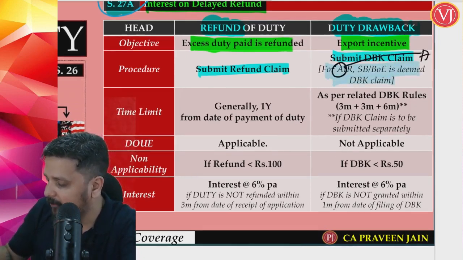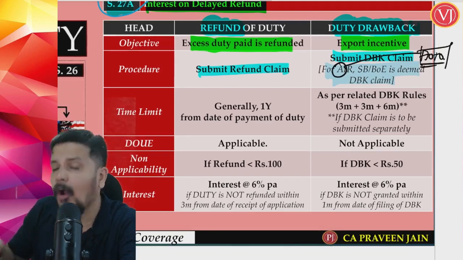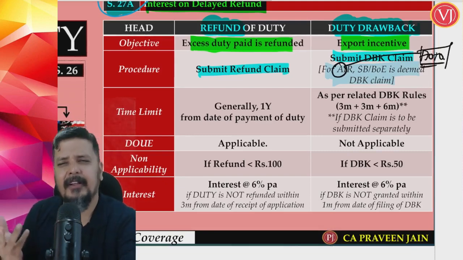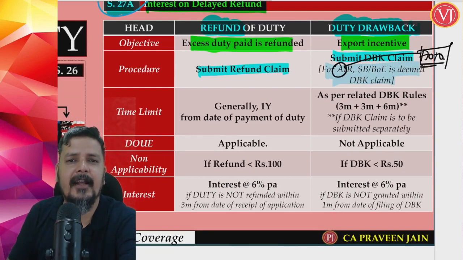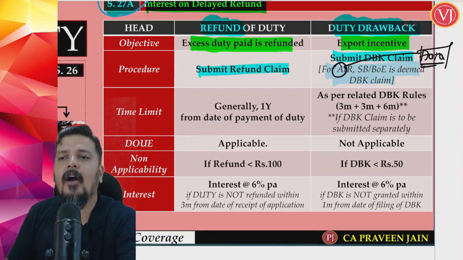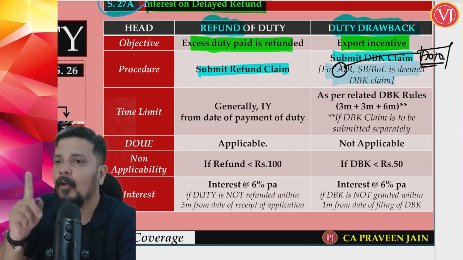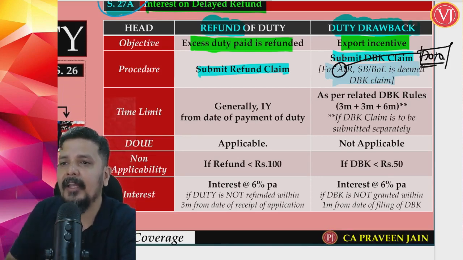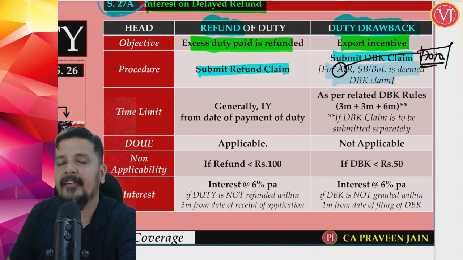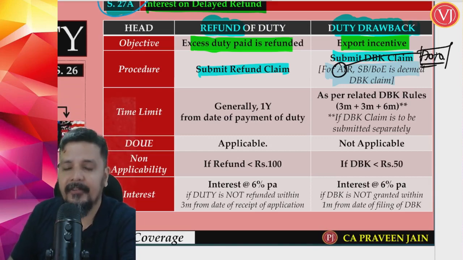Automatically, you will get the drawback. Refund, it's nothing but a special refund. Automatically, you will get a drawback. For what? All industry rate. Does this all industry rate come under section 74 or 75? 75. Out of totally 2 categories of 74 and 3 categories of 75, only in one case will the drawback be automatic, which is section 75, all industry rate.